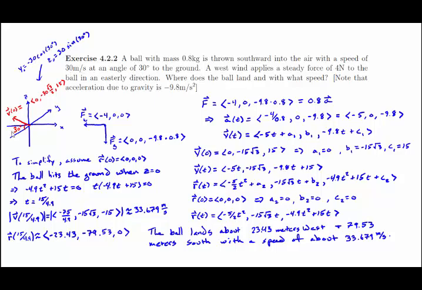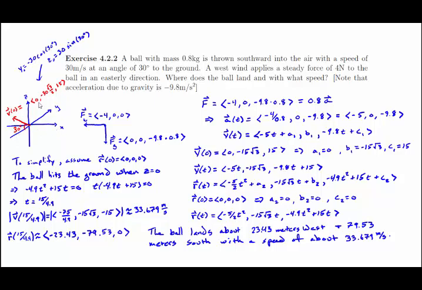So I drew a diagram in 3 dimensions here. I have my x-axis, my y-axis, and my z-axis, and I show my initial velocity vector coming off with an angle of 30 degrees off of the negative y-axis, the negative y being a southward direction, the x being an eastwardly direction for the positive x-axis.